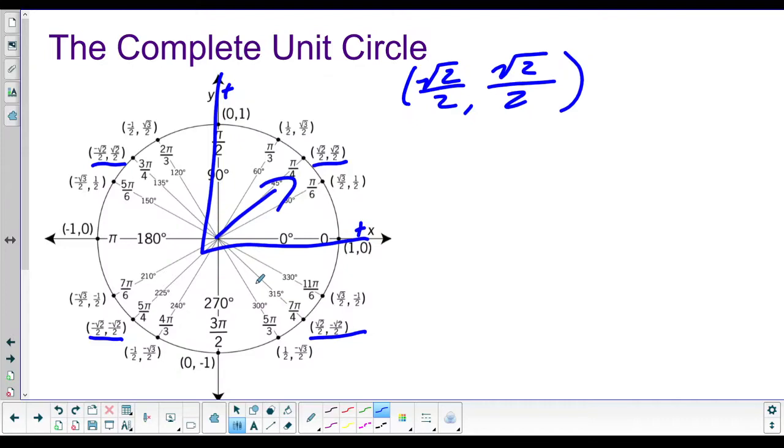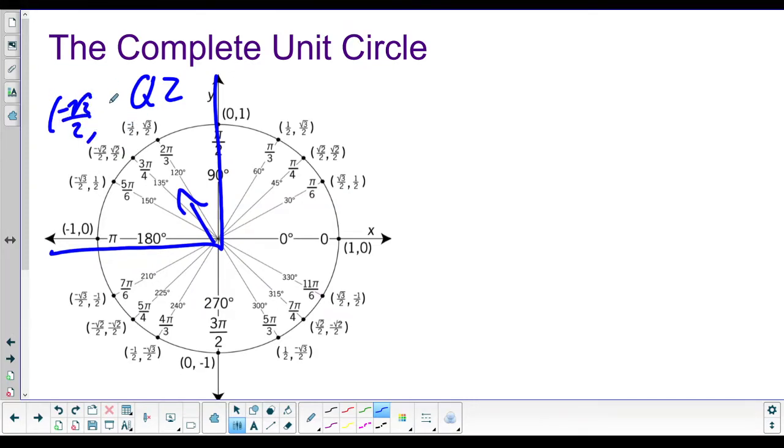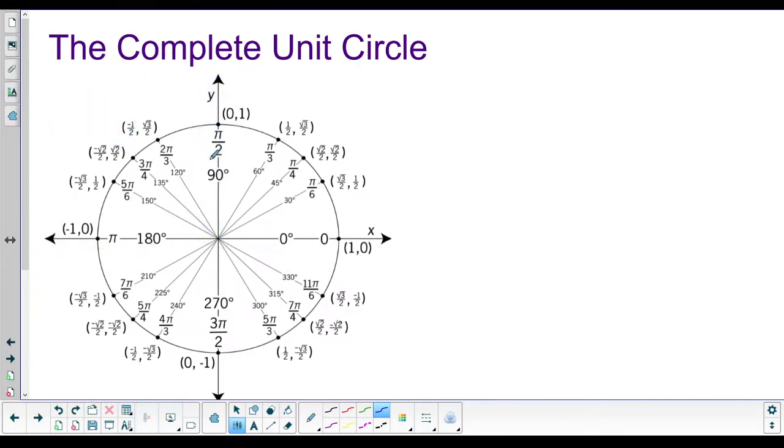So x and y are both positive. If you go to the second quadrant, you'll notice that the x is negative radical 2 over 2, and the y is positive because you have gone left, which is negative x, and up, which is positive y. Okay. So the signs for sine and cosine should match the signs of x and y in their quadrants. That will help you memorize which ones are positive, which ones are negative.